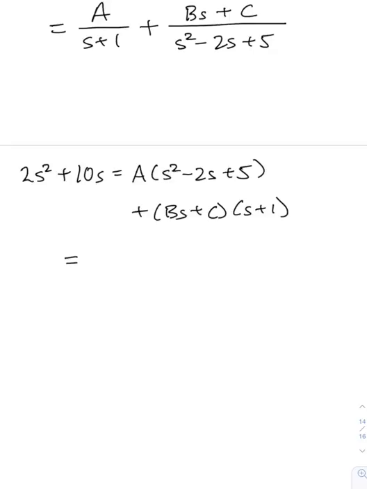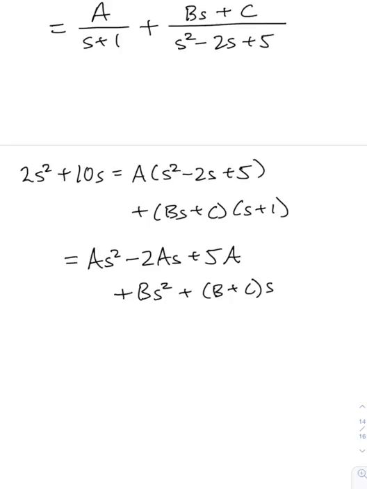Okay, so on the right, then, I get As squared minus 2As plus 5A. Then I multiply that other part out. What do I have? Bs squared plus Bs plus Cs, so I have B plus C times s, plus C times 1.